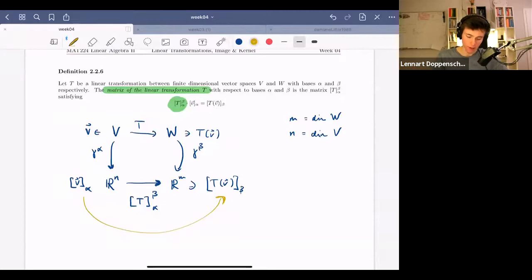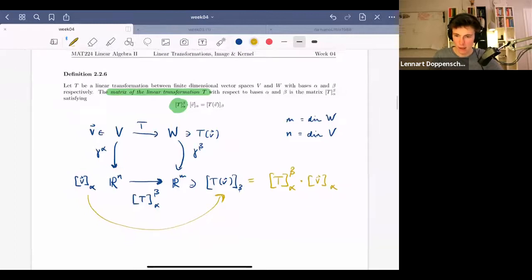So what we've done now is we have encoded a transformation in terms of n-tuples of vectors, going from one n-tuple to an m-tuple. So the idea is that this is exactly this matrix T alpha beta multiplied with the coordinate vector v alpha. Any questions?